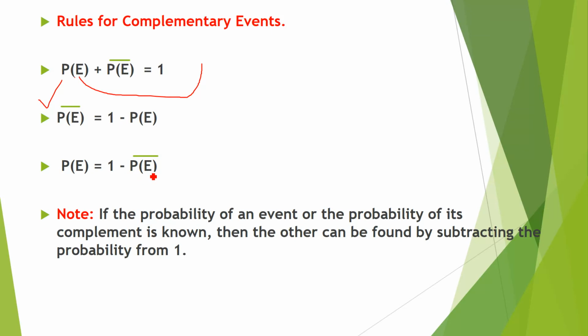Similarly, if the probability of the complement is given, just move it here and we will find the probability of the event. So I have mentioned a note here: if the probability of an event or the probability of its complement is known, either one, then the other can be found by subtracting the probability from 1.